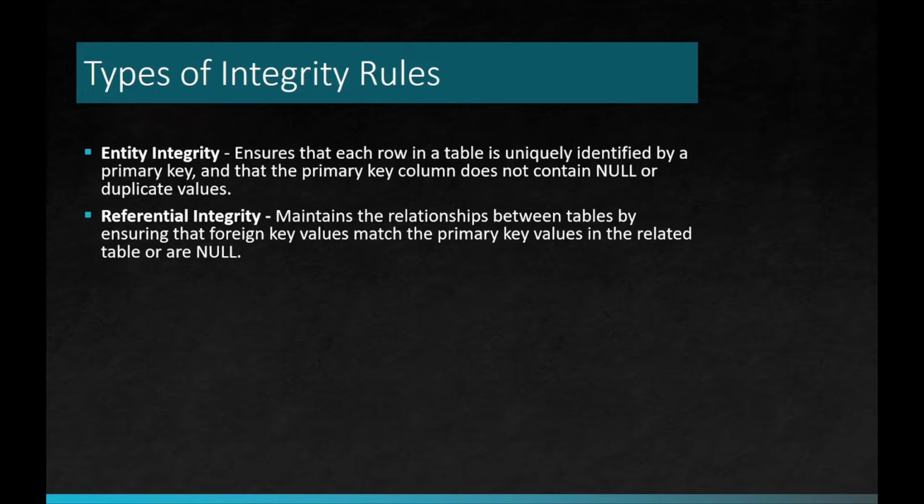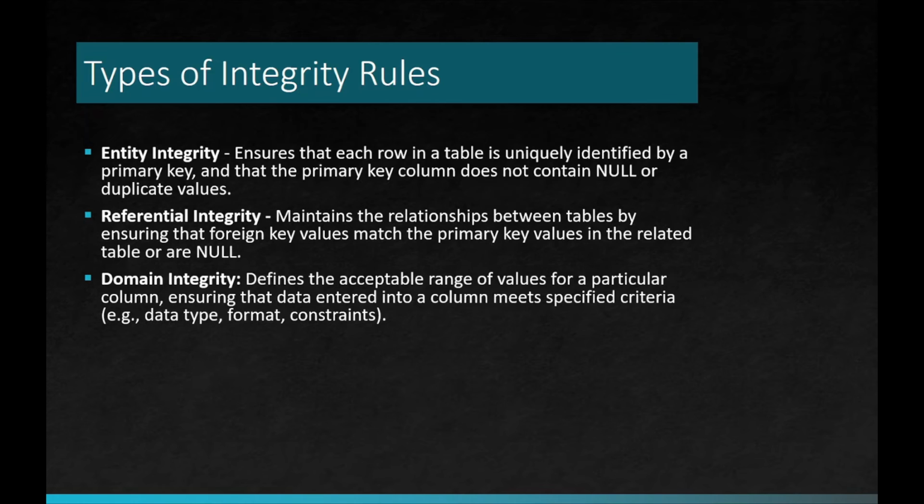Now last but not least, you have the domain integrity. This defines the acceptable range of values for a particular column, ensuring that data entered in the column meets specific criteria. So this could be your data type, your format, or a constraint. An example of this could be that in a database you can store gender, and you can have either M or F for your gender.